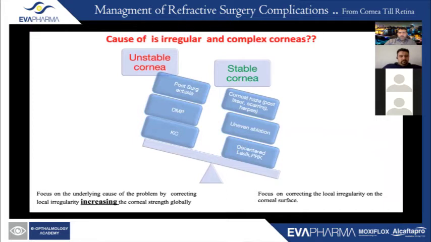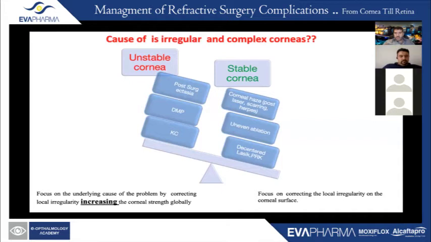Usually, the most common complication of PRK is corneal haze, but sometimes the haze is just due to the PRK surgery, and sometimes it is due, for example, to a reactivation of a herpes virus after PRK. The other complication that is very frequent, especially with patients who were operated with a very, very old laser machine, is decentration. And we can see this in PRK, but also in LASIK.